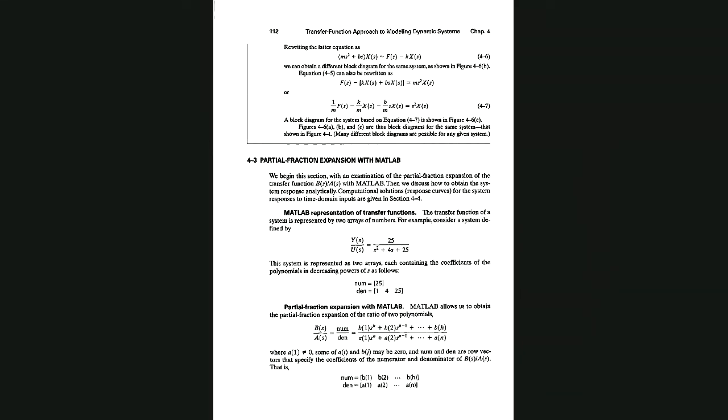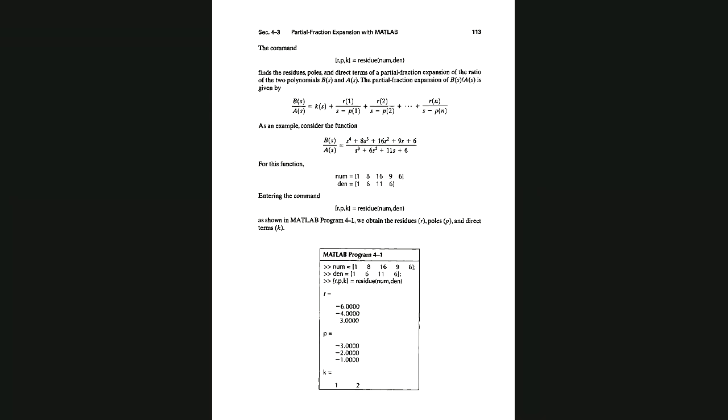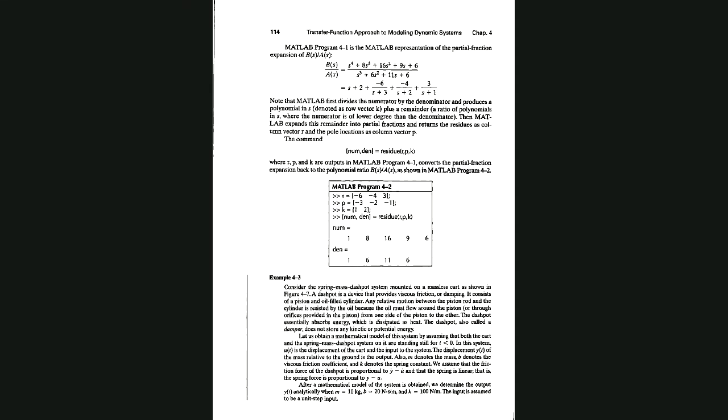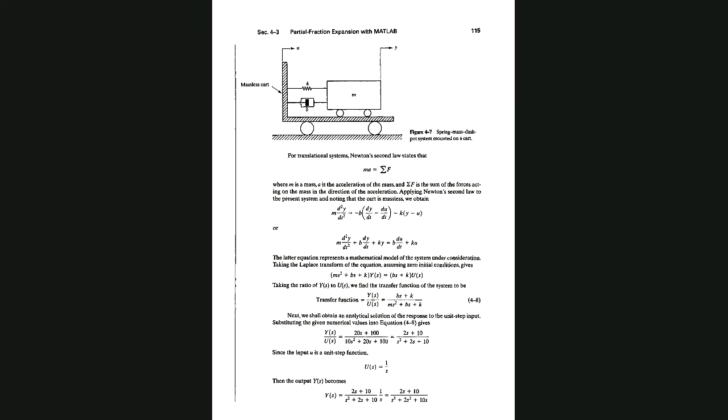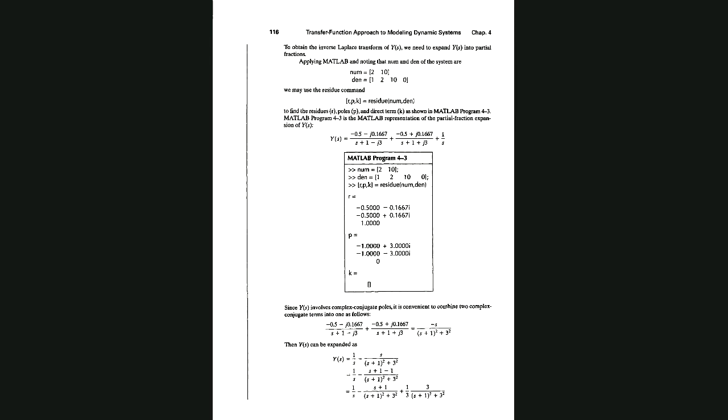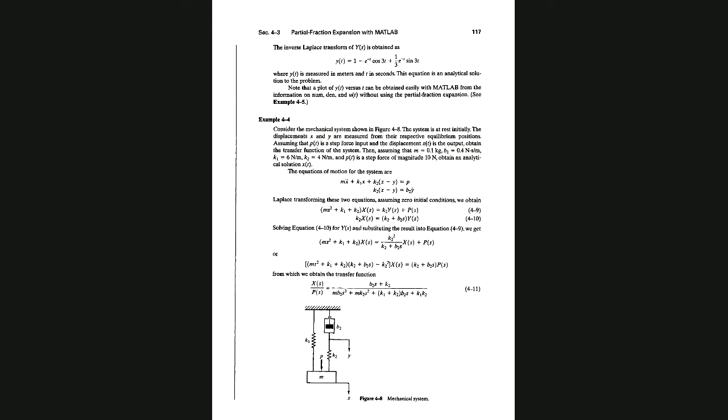And then, well, you can do the partial fraction expansion, but I'm not interested in the partial fraction expansion really. What we are really interested in is to find the transfer function. It would be good if you could read these notes by yourself, residues and so on, but I'll skip those.